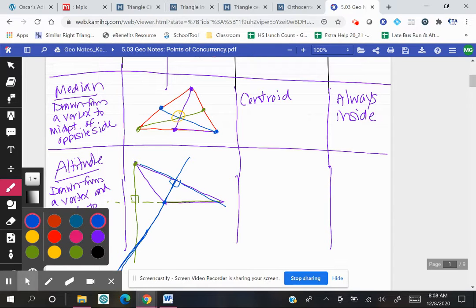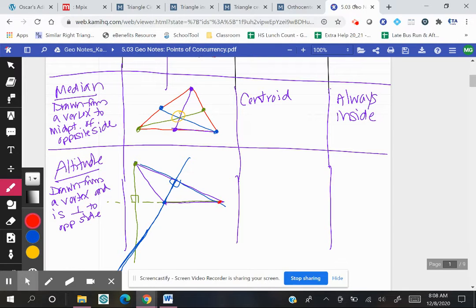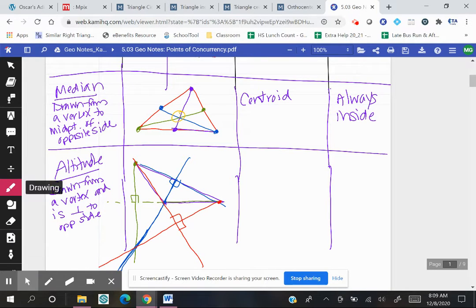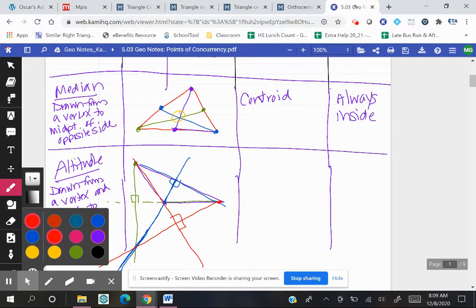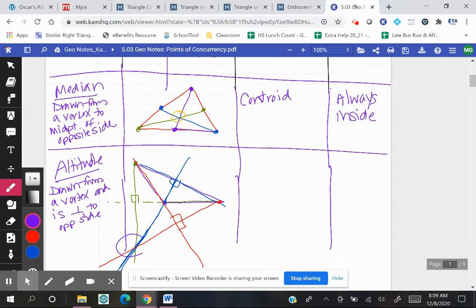And then the last one would be from here, perpendicular to that side, right here. So again, that one is outside of the triangle. So when you have an obtuse triangle, your altitude, depending on the side you choose, could be outside of the triangle. So this point right here is where they meet. That one is called our orthocenter.